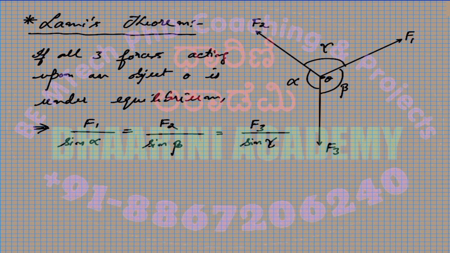So F1 divided by the sine of the angle between the other two forces remains a constant. That ratio remains a constant irrespective of whichever force you take.